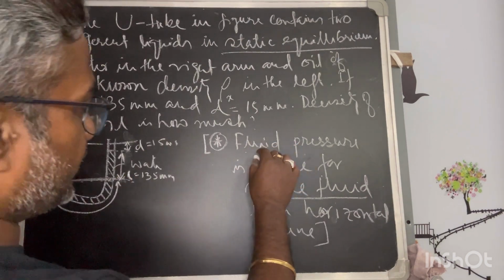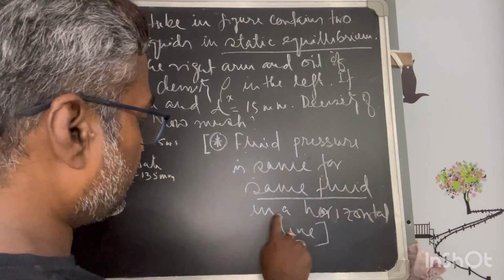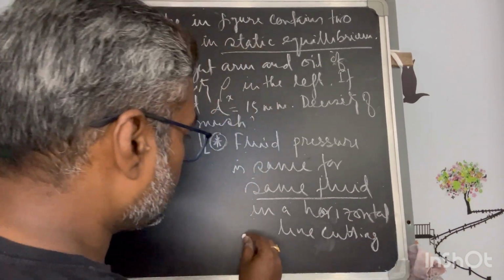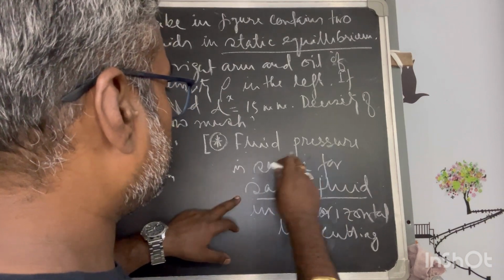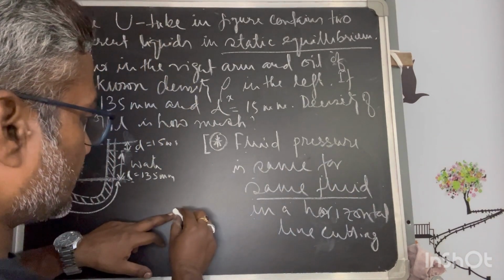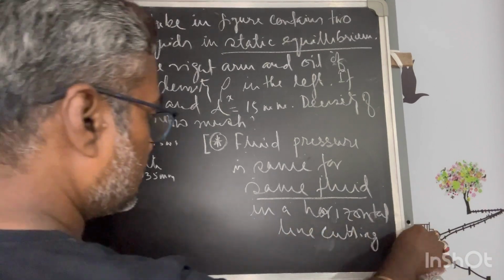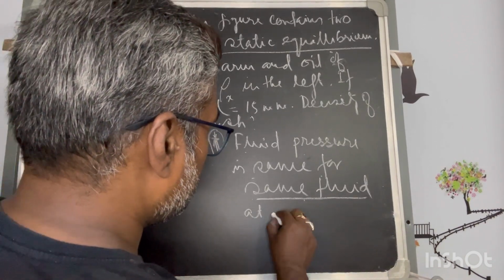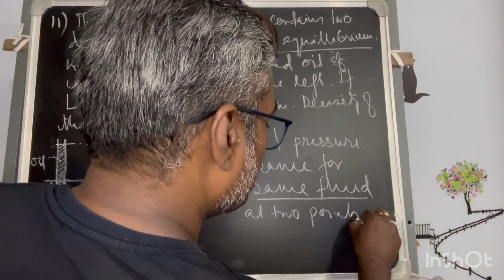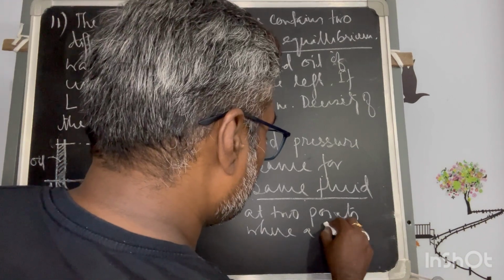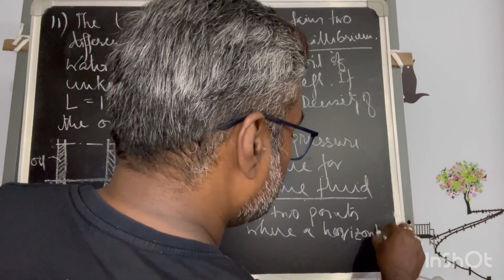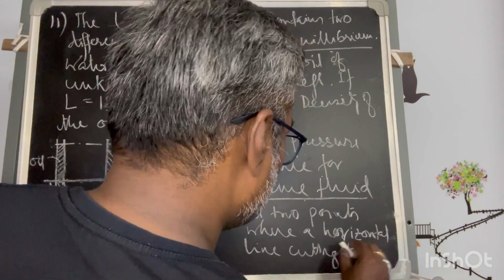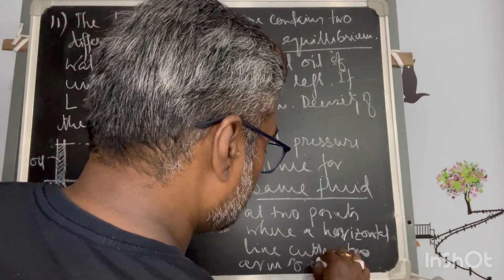So it could be finer if I say the fluid pressure is same for same fluid at 2 points where a horizontal line is cutting 2 arms of the U-tube.